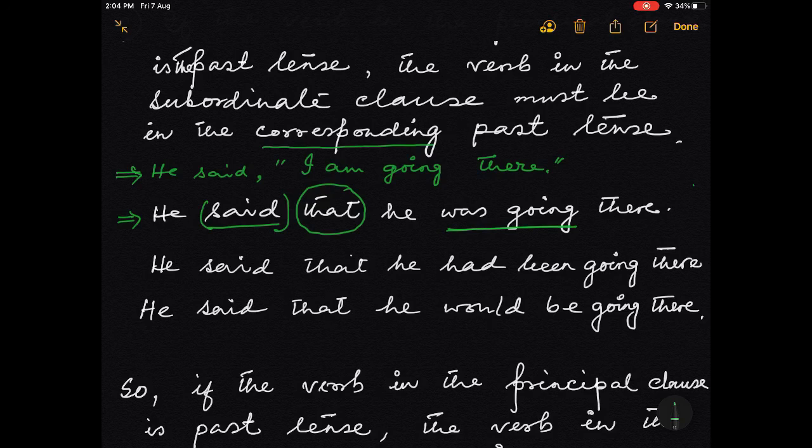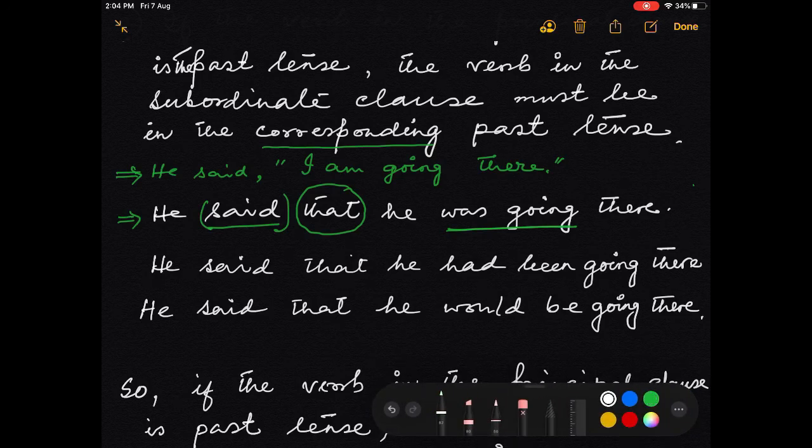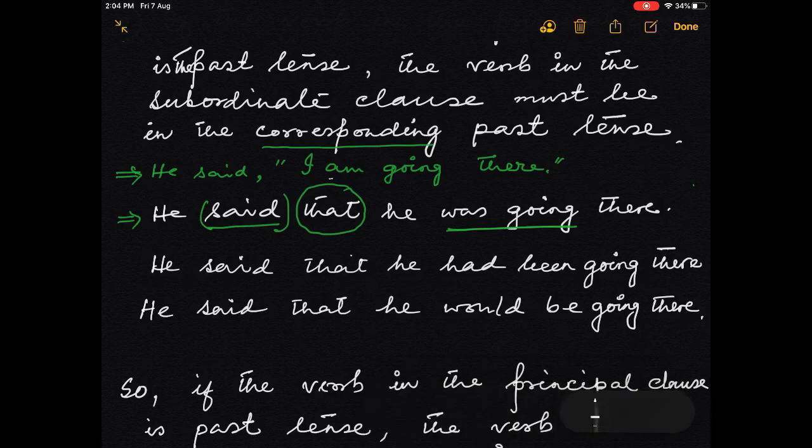The law of the sequence of tenses is saying that, remember, the verb in the principal clause, here the reporting verb, is past tense. So, make the verb in the subordinate clause, that means here the reported speech, change into its corresponding past.